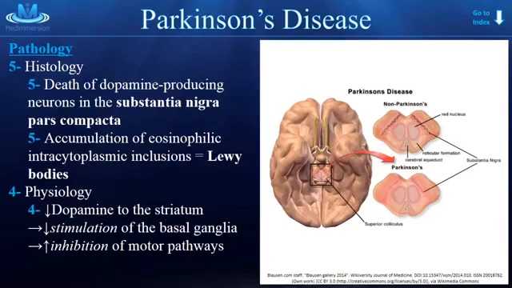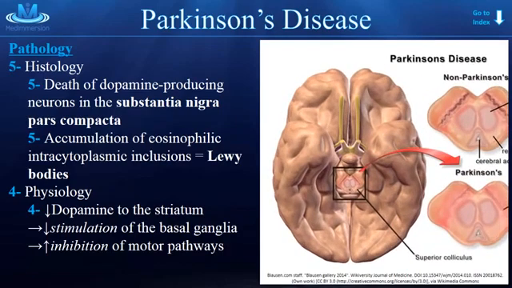The substantia nigra is a brain structure found in the midbrain. So in the picture on the right, there's an inferior upward-looking view of the brain, and there's a transverse slice of the midbrain that's taken.